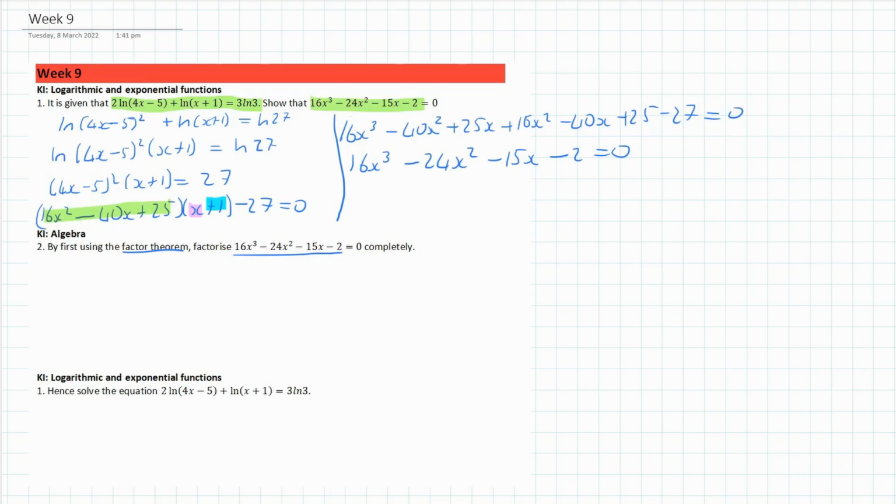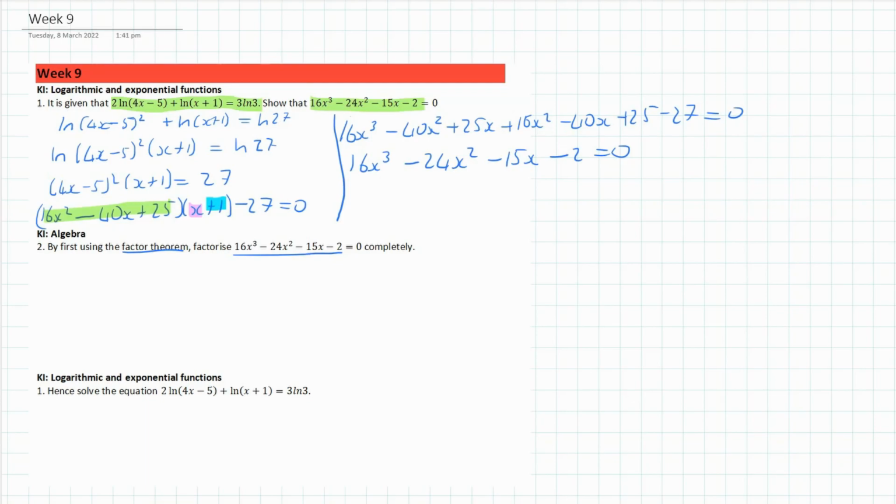So 16x cubed minus 24x squared minus 15x minus 2.